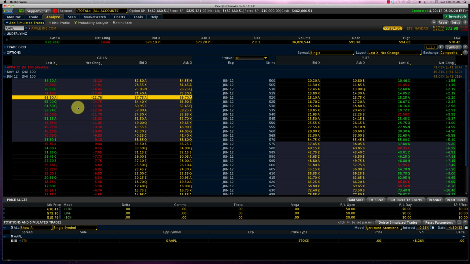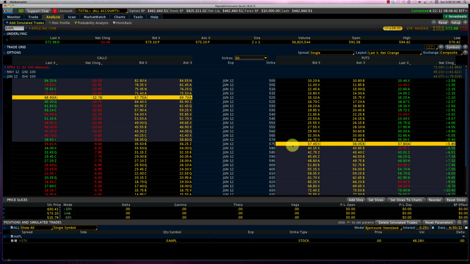The layout of the put options is exactly the reverse, because in call options, the strike prices increase like this, and you're looking at out of the money options on the lower part of the screen. On the put options, it's going to be reversed. The at the money options are not going to change. On the put option side as well, we have the 570, which can be considered at the money, or the 575, which can be considered at the money.